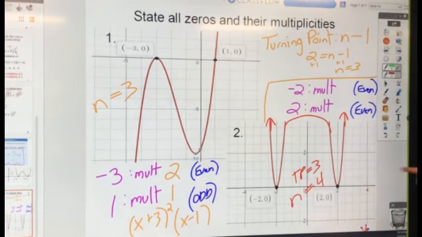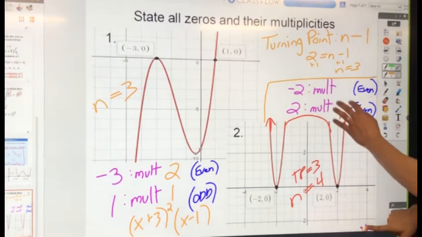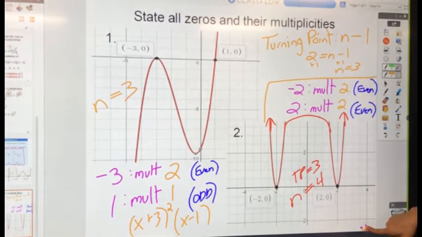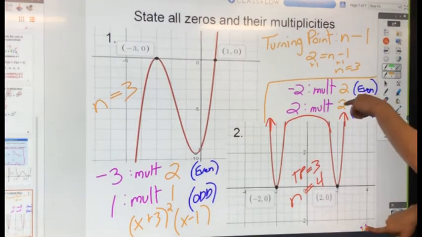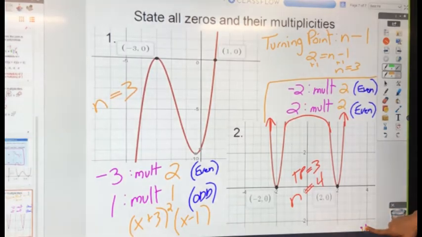So if I'm expecting 4 zeros, and I know both of these are even multiplicities, then what are the only possible values that can go into both? 2 and 2. Very good. Because they have to be even numbers, and they have to total 4.